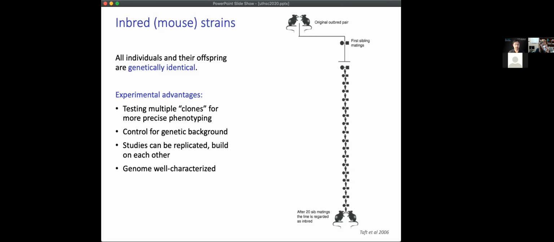You can replicate studies because you can literally redo the same experiment on, at least from a genetic standpoint, the same individuals. And that's a good way in which studies can build on each other. Also, if you're doing multiple things on a single strain, and the rest of the community is also doing things on that strain, then there's the opportunity for the genome of that strain to be well characterized, and you can continually take advantage of that.